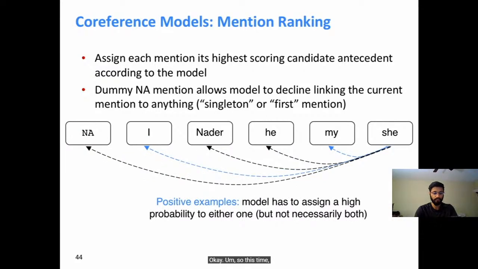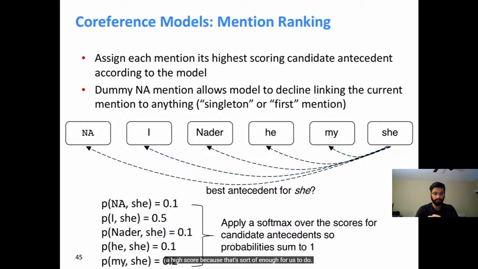Okay, so this time, it's for training our models, it's sort of the same, apart from there's this different one of semantics. Previously, for our mention pair classifier, we wanted to classify "I" and "she" and "my" and "she", and both of them had to get a high score, whereas now it's sufficient that just one of them gets a high score, because that's enough for us.